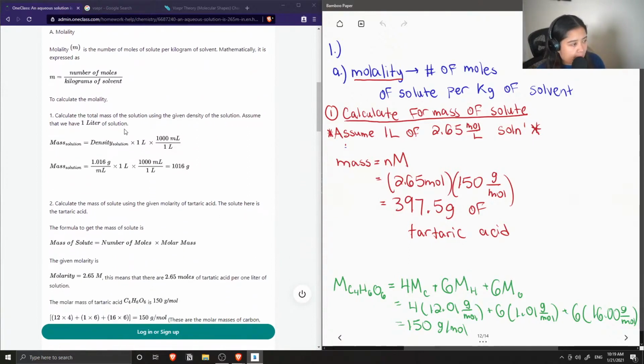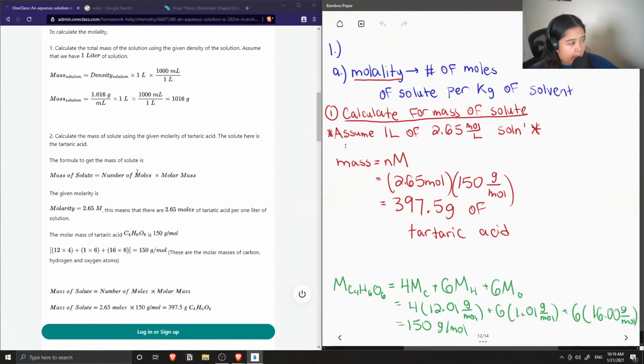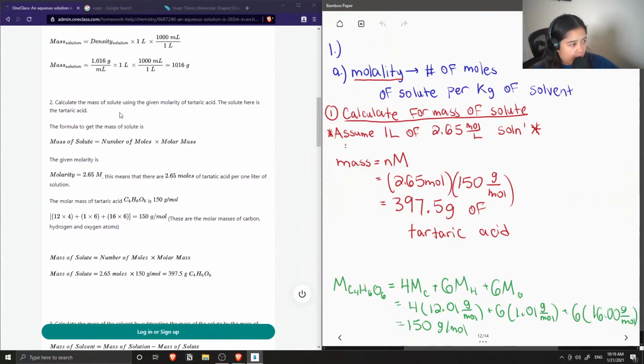Okay. So to calculate molality, step 1, calculate the total mass of solution using the given density of the solution. Okay, so they did this step first. They multiplied the density by 1,000 to get the grams of solution. Step 2 is now to calculate the mass of the solute given the molarity of tartaric acid.